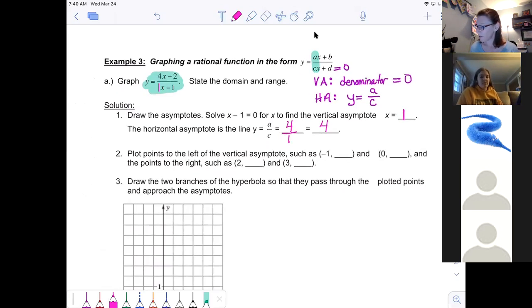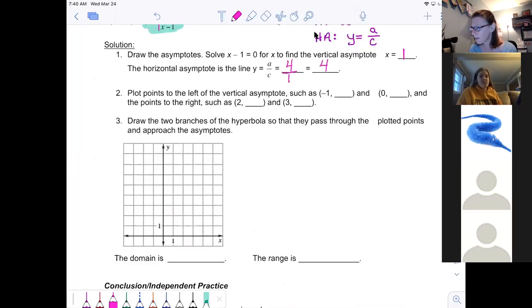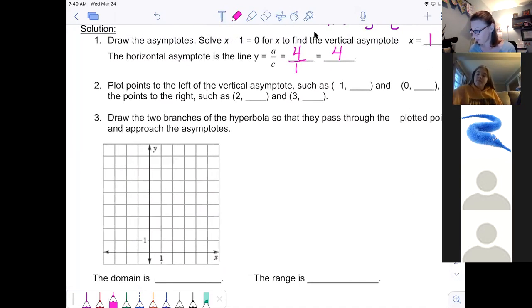So we're going to graph them again right away. When you find them, graph them. So our vertical asymptote is at x equals 1. So we're graphing a vertical line at x equals 1. The horizontal asymptote is all the way up at 4. And then I have some points up here that I chose.